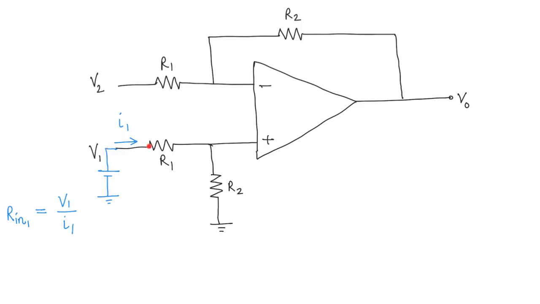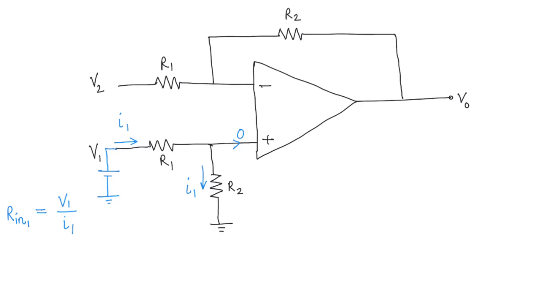I1 is going to flow through this resistance. We know that the current that goes into the input terminal of the op-amp is 0. That's one of the assumptions that we make in our ideal op-amp model. So this current is 0, and all the current that flows through R1 is also going to flow through this resistance. So this is going to be I1, right?